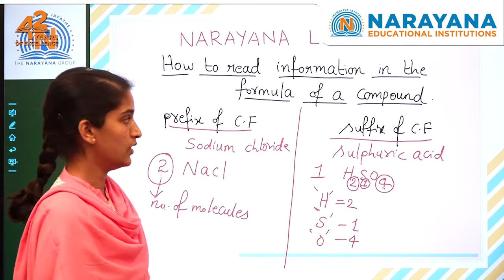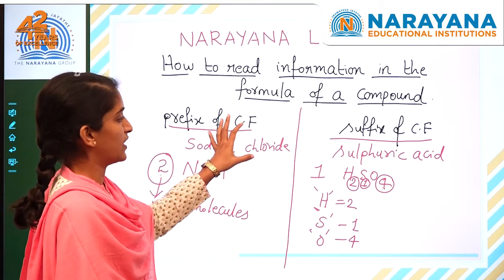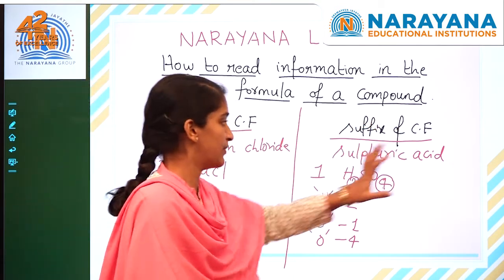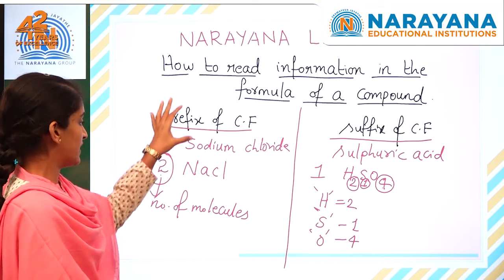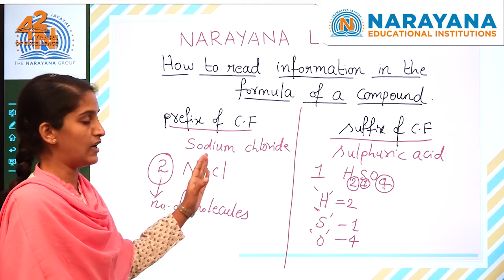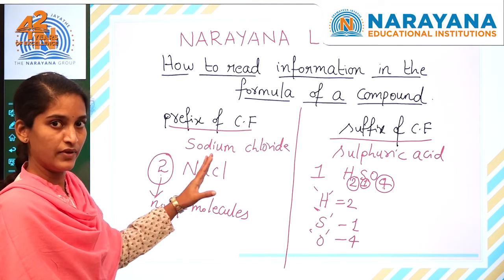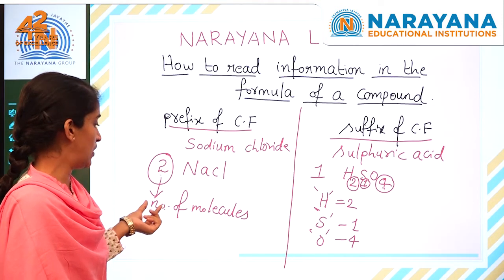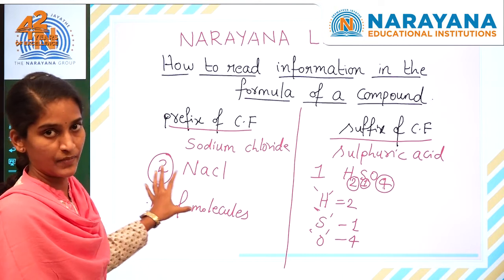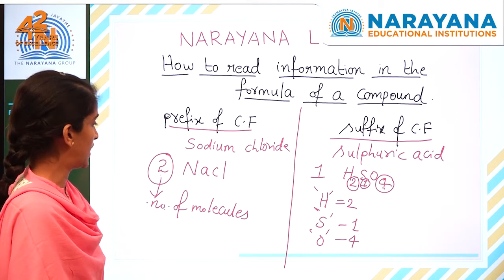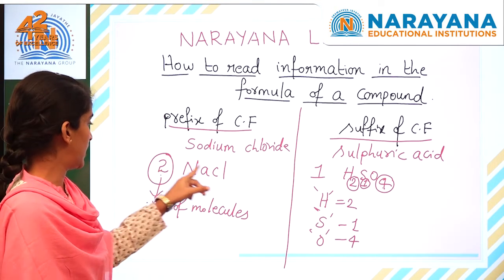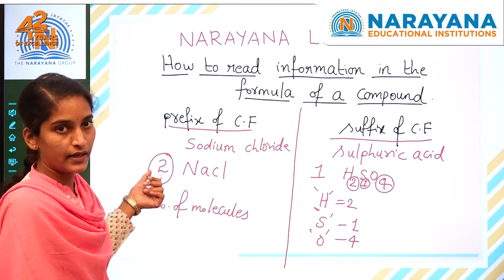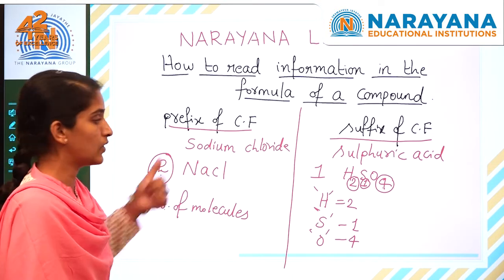So this is about the prefix and suffix of a chemical formula. Prefix means the numeral written to the left hand side of the chemical formula, before the chemical formula. The use of prefix is that it tells us how many molecules of the given compound are there. The example we have taken is 2NaCl, which indicates 2 molecules of sodium chloride.